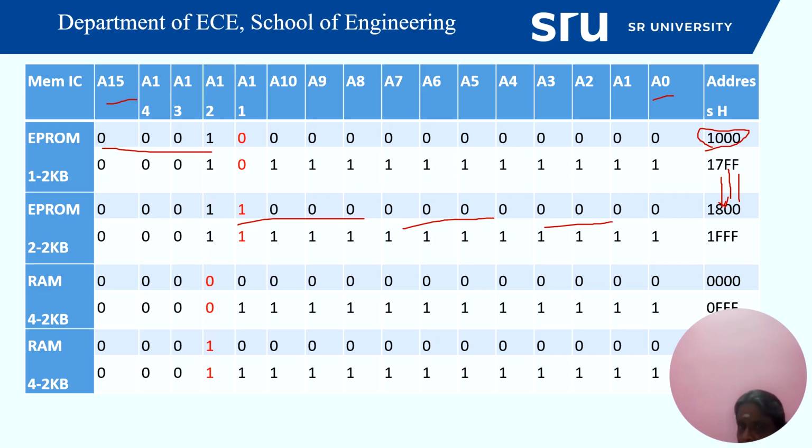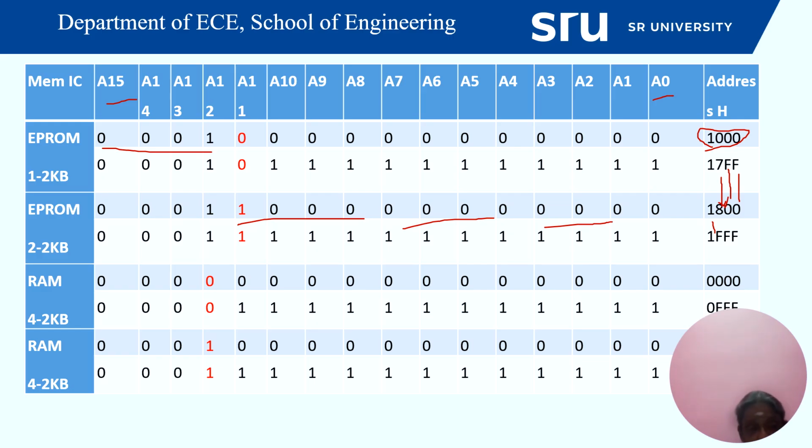So if you add 7FF to the starting address 1800, what will you get? F plus 0 is F, F plus 0 is F. 8 plus 7 is 15, and 15 equivalent is F. And then F is carried over as it is.